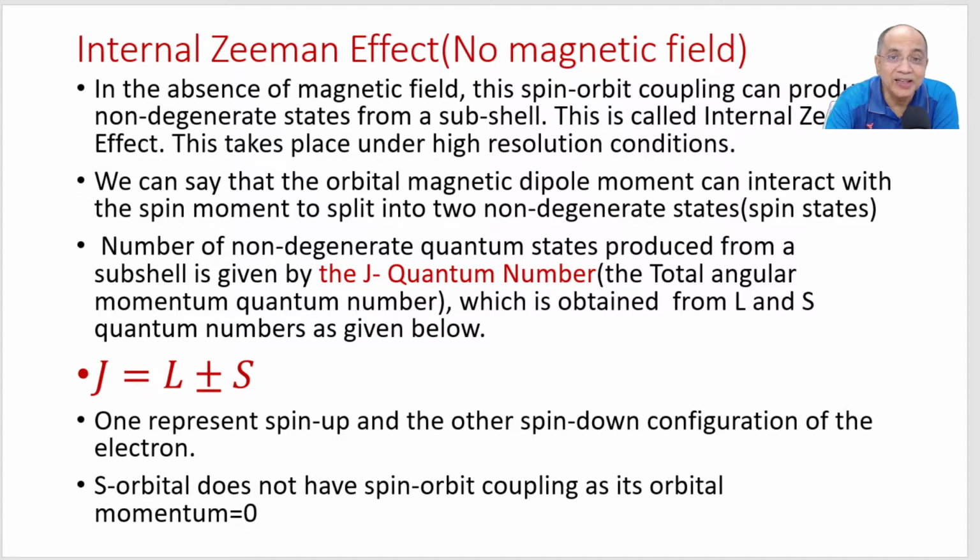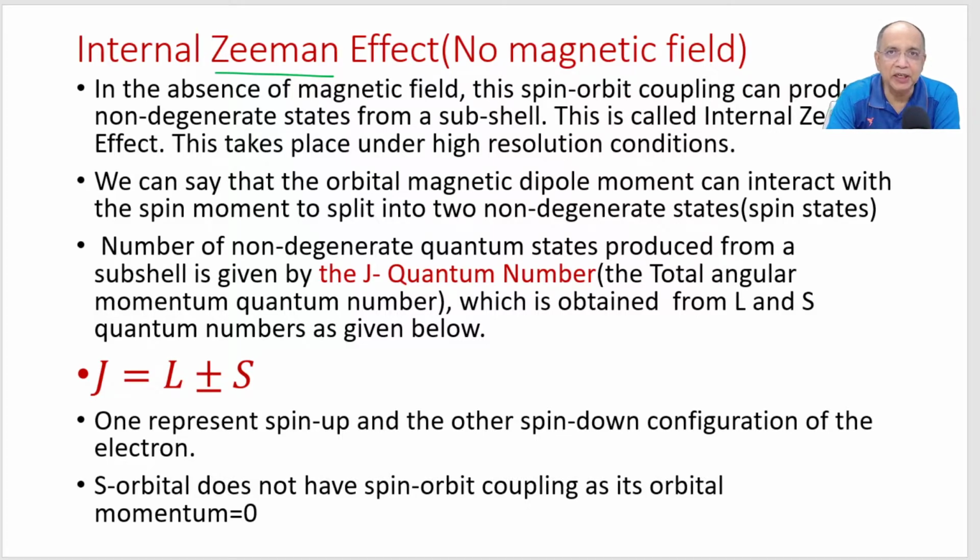I definitely feel a little awkward to use the term Zeeman here, because I am following the names that are already given by atomic physicists or the researchers themselves, the quantum physicists themselves.